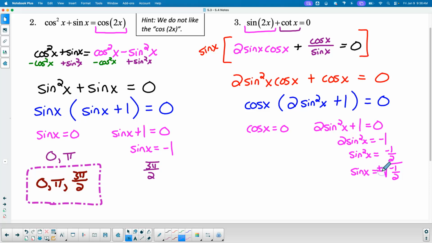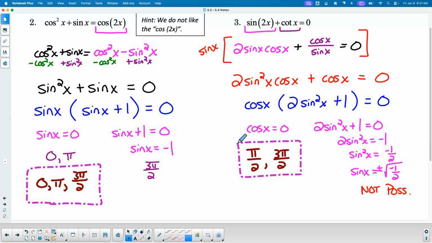Almost forgot my plus or minus. So that's imaginary, right? Because it's a square root of a negative number. So that one goes away, that whole side, not possible. Cosine is 0 at pi over 2 and 3 pi over 2. Agree?